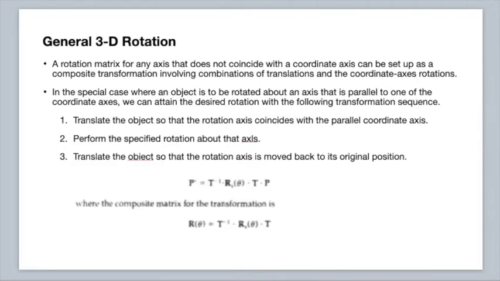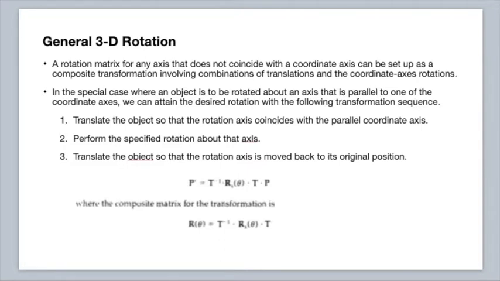So if an object is placed along an axis which is not a coordinate axis, then for such objects a composite transformation will be required.